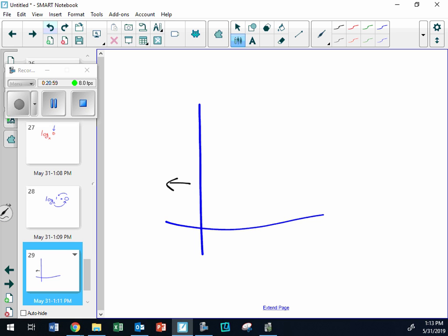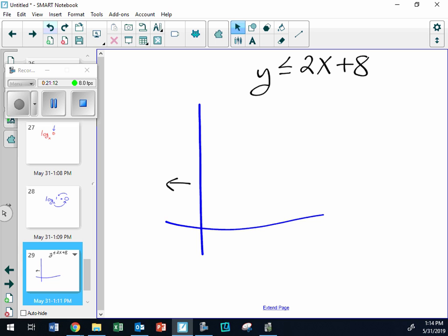Here's an equation. I'll save you a lot of time of a really complicated long problem. If it boiled down to this, y is less than or equal to 2x plus 8, and here's the other equation. Y is less than or equal to negative x plus 9.